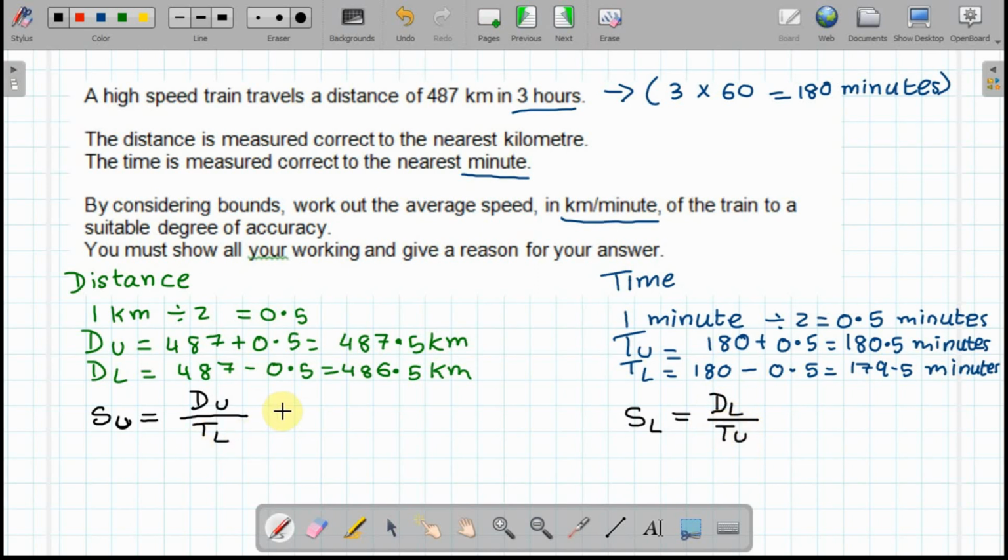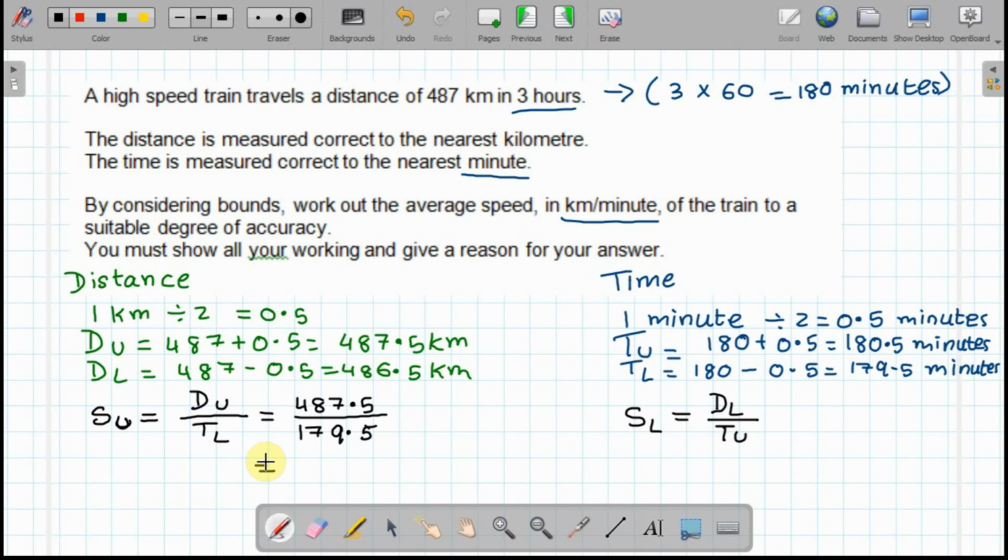Okay, let's substitute these values in. So distance upper bound is 487.5 kilometers. Okay, and time lower bound is 179.5 minutes, not kilometers. Okay, and they want the speed in kilometers per minute, not kilometers per hour.